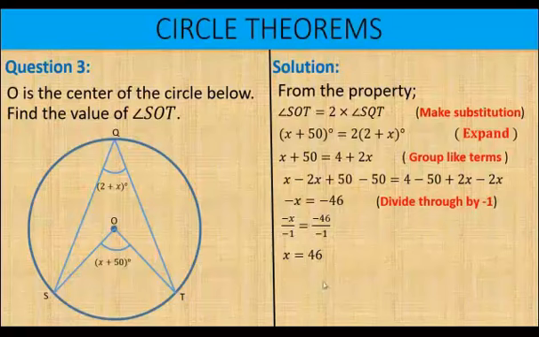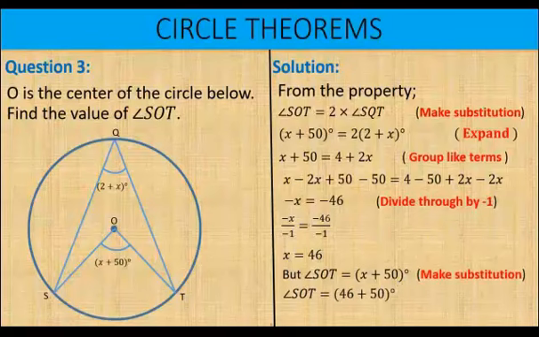If we know the value of x, then what we must do is to substitute that into angle SOT is equal to x plus 50 all degrees, so that when in place of x we put 46, we get 46 plus 50, and that would give us 96, meaning that angle SOT is equal to 96 degrees.